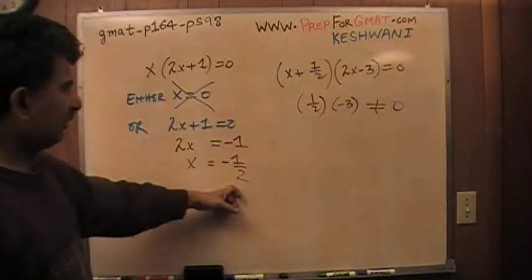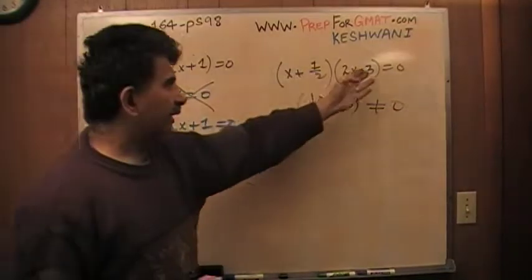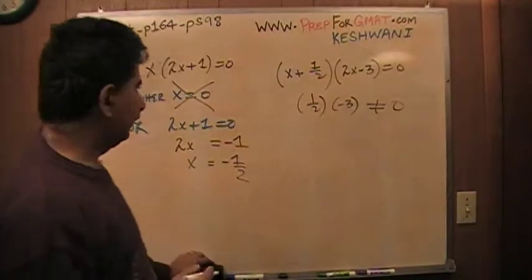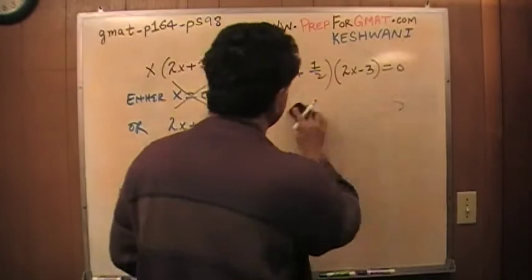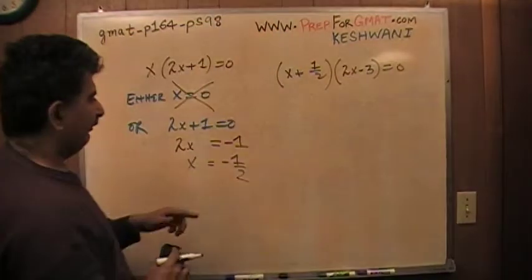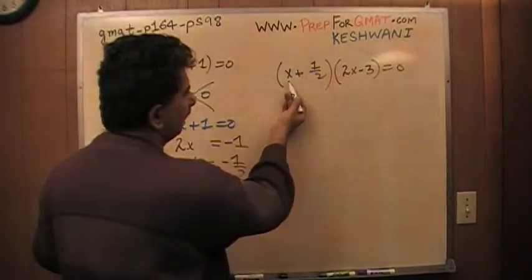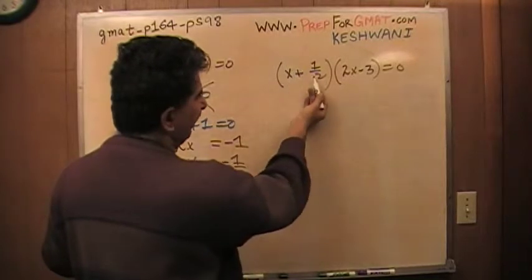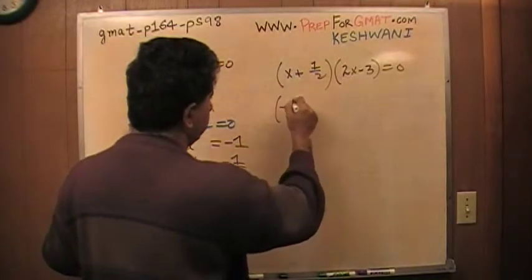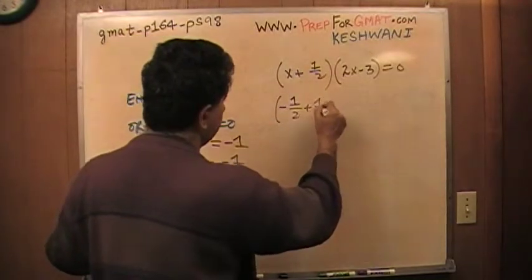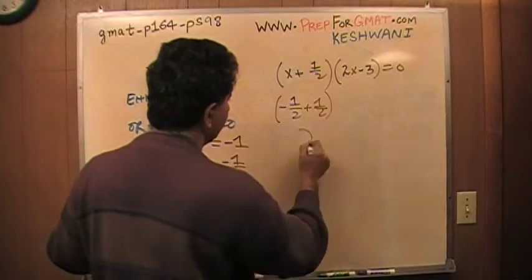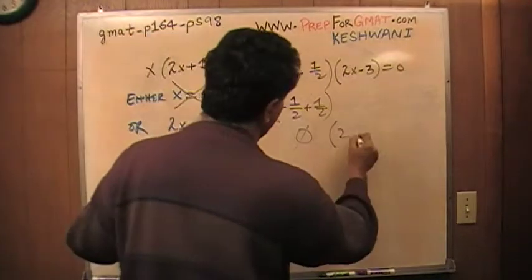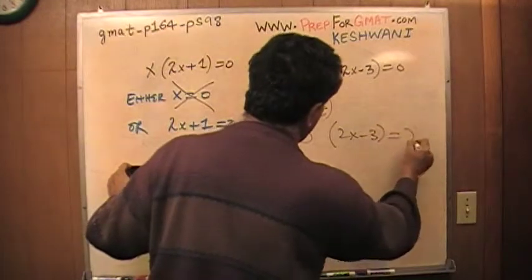If I plug in this value in here, the product of these two has to be equal to 0. Let's take a look. If x is negative 1 half, I can see immediately that when I put in negative 1 half here, negative 1 half plus a half will give me a 0. And 0 times this quantity equals 0.